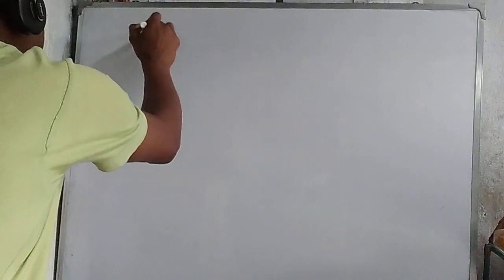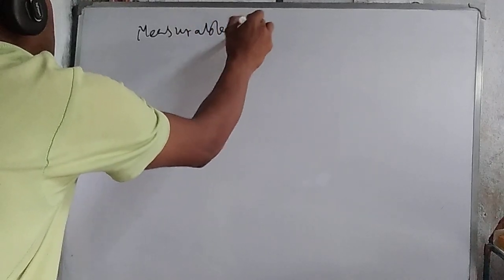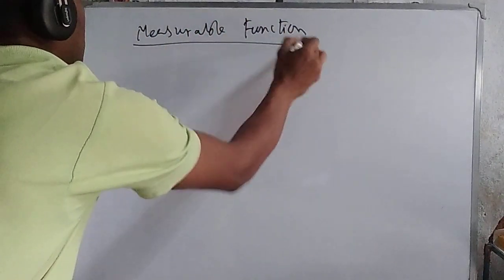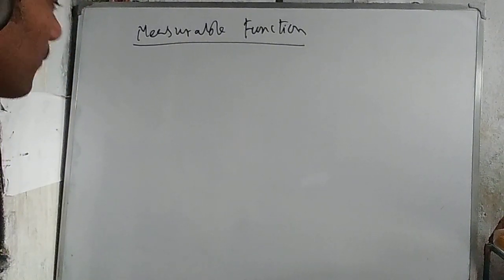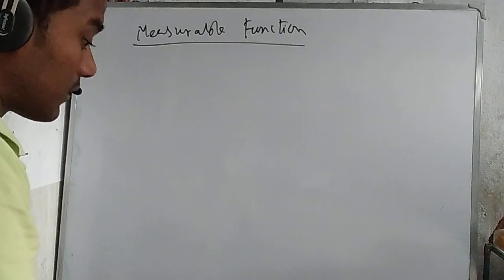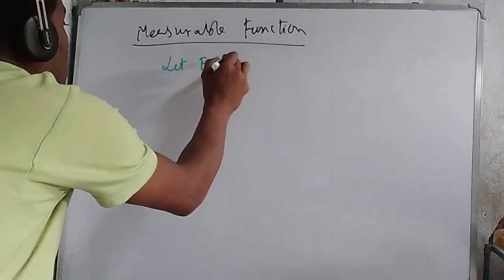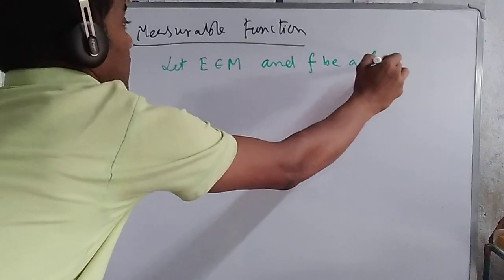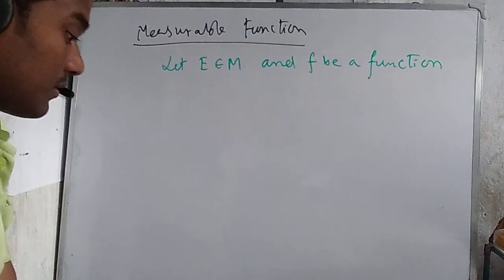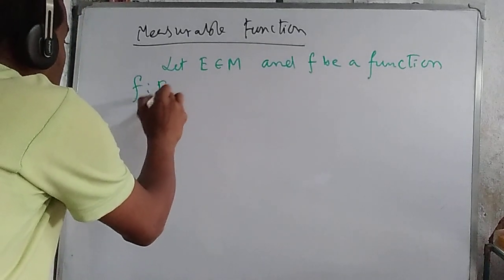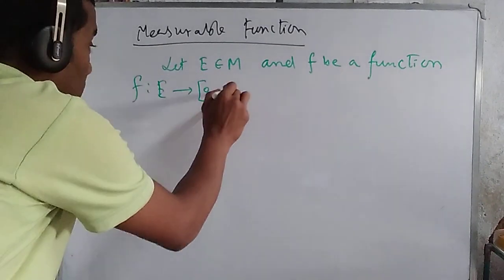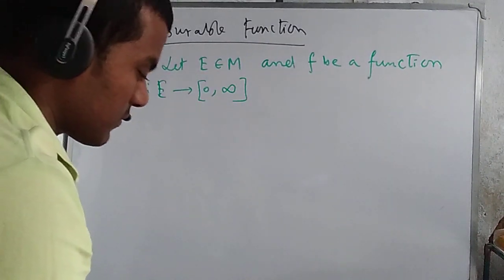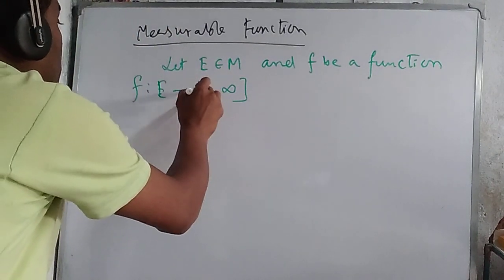Then we erase that portion and go on to further discussion. Now here we also discuss measurable functions. Let E belong to M, and let f be a function from E to minus infinity to infinity.